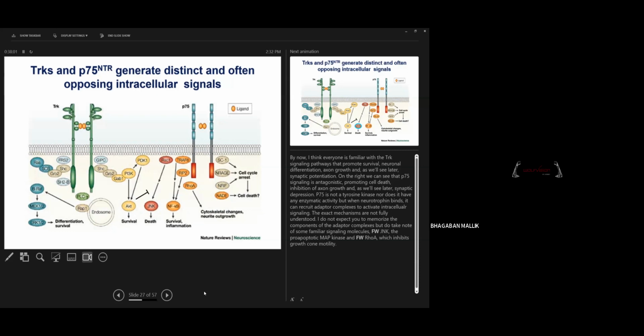You have activation of PI3K, which can activate AKT. AKT is required for cell survival. You also have activation of RAF or RAS proteins, which can lead to cell survival. Okay, so JNK shows the role of JNK and Rho in cell death or cytoskeletal changes.